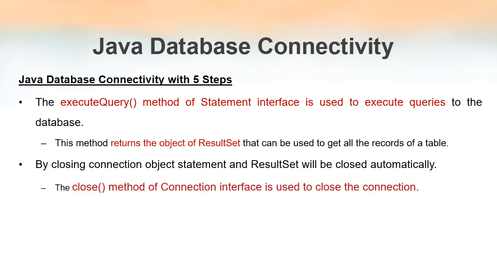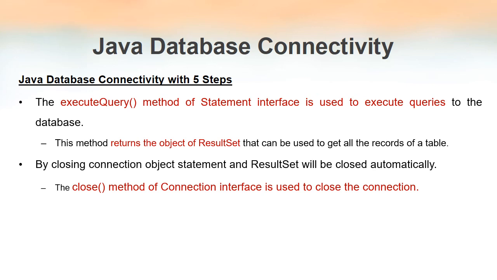To close the connection with the database, we have to use the close method of the connection interface. So when we use the close method of the connection interface, it is closing the connection between the database and our program. So when the connection between database and our program is closed, both the ResultSet object and the statement object will be closed automatically. I hope it is clear.